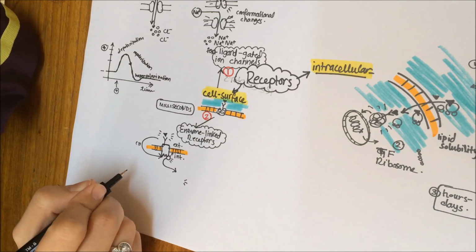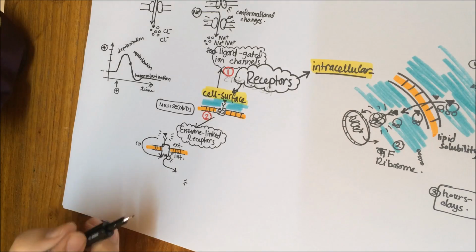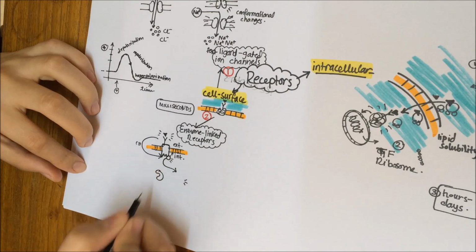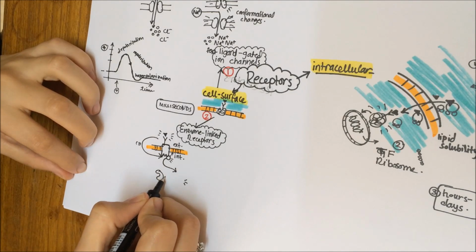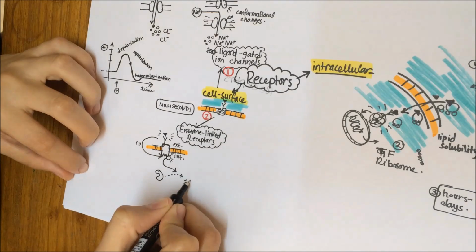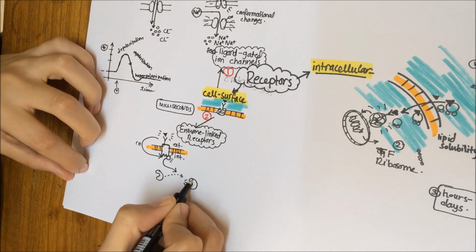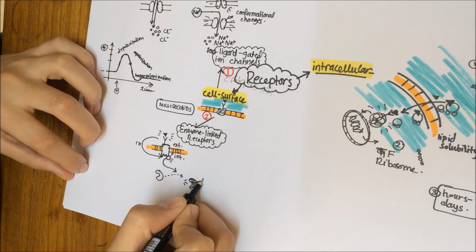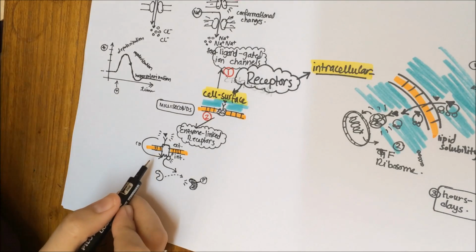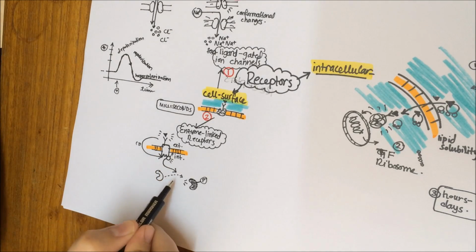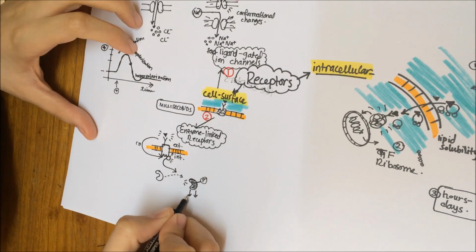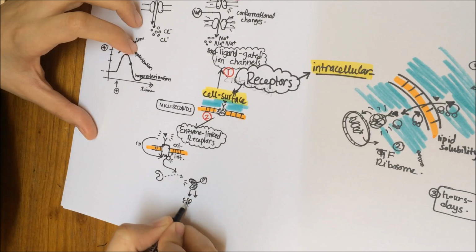Now the job of this tyrosine kinase is to get to a certain protein here, and lead to its activation by phosphorylating it. So after it has been autophosphorylated, it will phosphorylate another molecule in here, and this molecule will go and elicit a certain effect inside the cell.